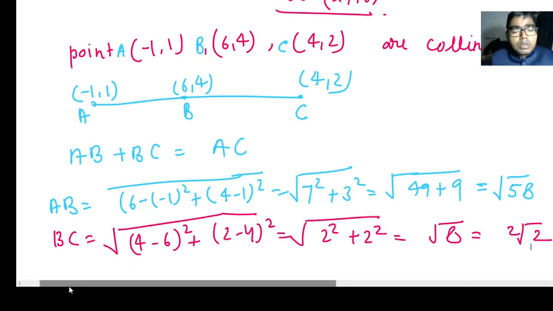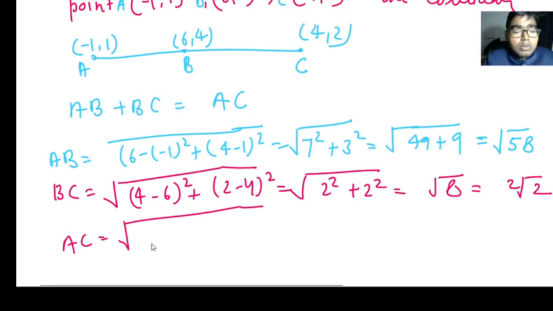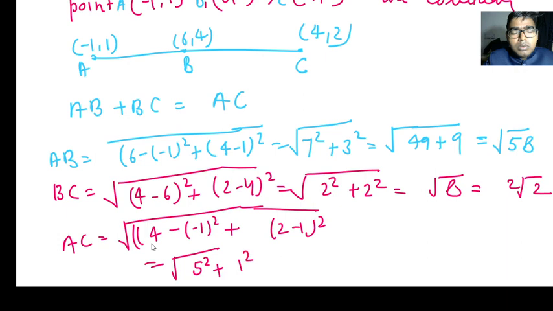And take AC: we calculate (4 minus (-1)) whole square plus (2 minus 1) whole square. This will come as 5 square plus 1 square, which is root 26.